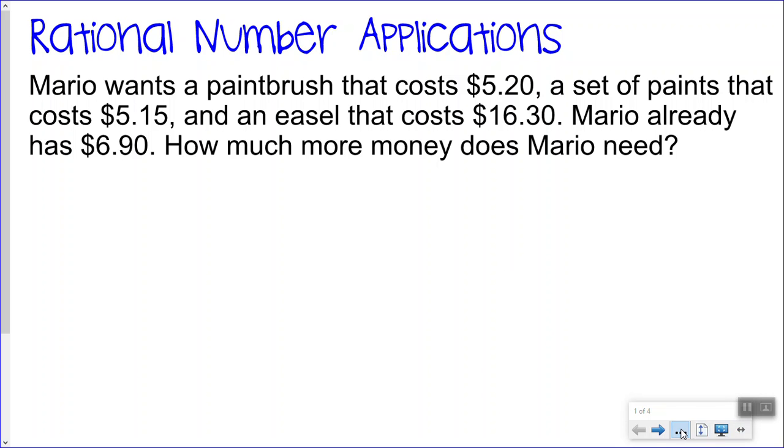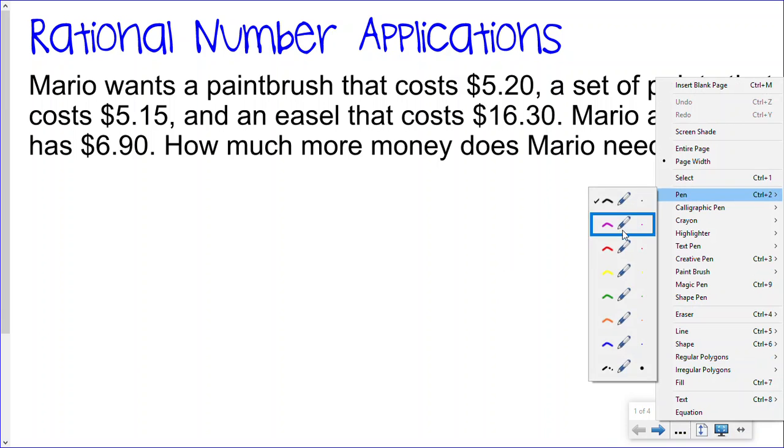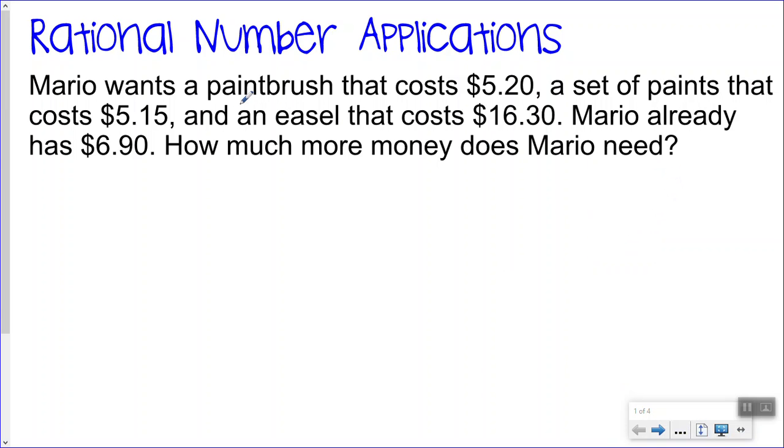So for our first question here, we have Mario, and he's buying some art supplies. So he wants altogether a paintbrush that costs $5.20, a set of paints that costs $5.15, and an easel that costs $16.30. So he wants to buy these three items.